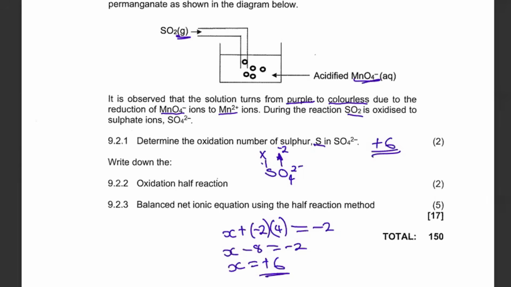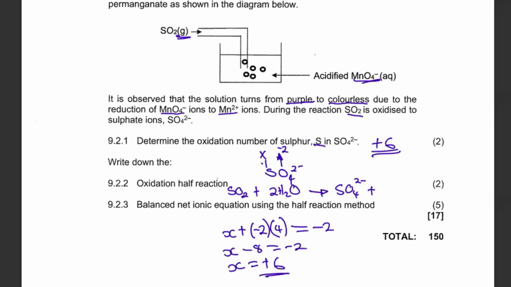So the oxidation half reaction, according to this one, is going to be our SO2 plus H2O, which reacts and gives us SO4 2-, then plus.